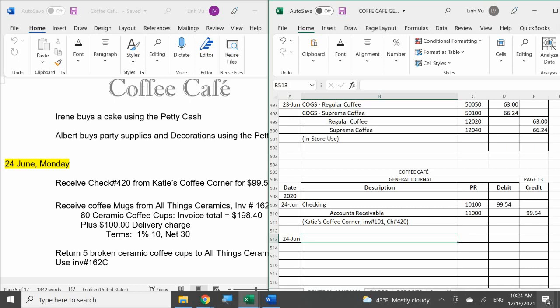Anybody want to journalize this? If we received coffee mugs, what do we do with this kind of inventory? So you put coffee mugs and then use accounts payable.